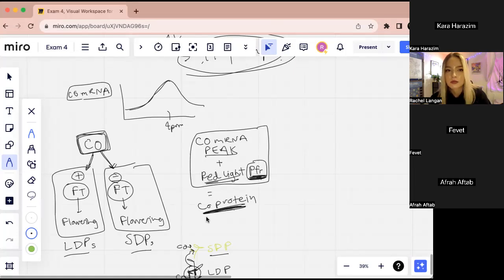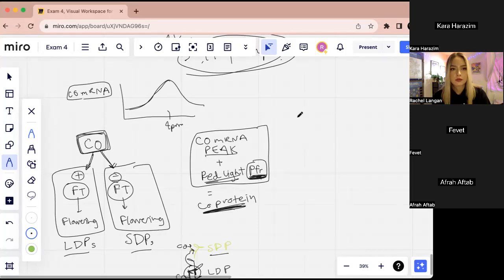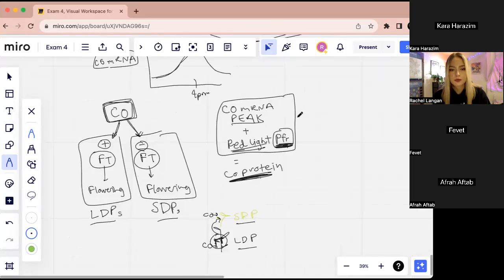Okay, question? I had a question going back to that graft situation where the CO protein can travel. So did you say that in the short day plant, it's also going to flower? Yeah. Okay. So even that section of the plant is still gonna flower, even though like a full short day plant, CO would typically be a repressor for flowering. Yes, because the mRNA can travel.